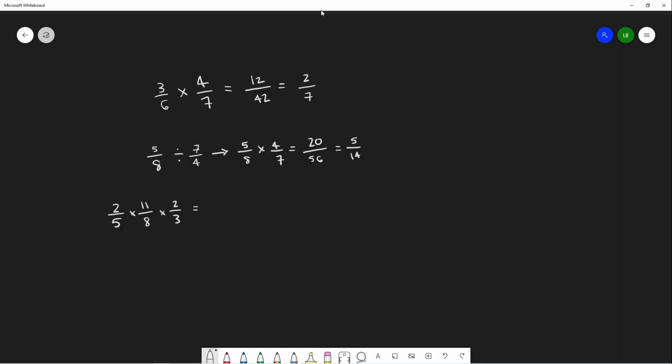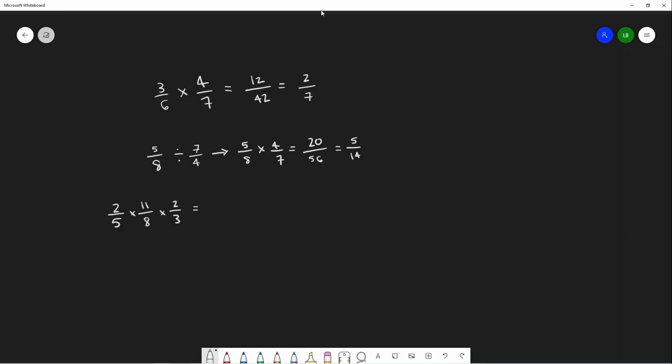We can simplify at the end, but we can also simplify before we start multiplying. When multiplying two fractions, you can cancel out a common factor between the numerator of the first and the denominator of the second.